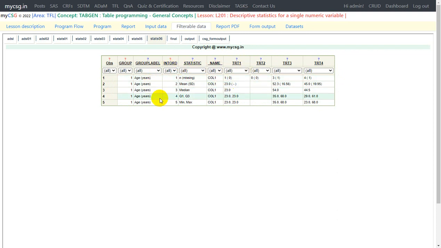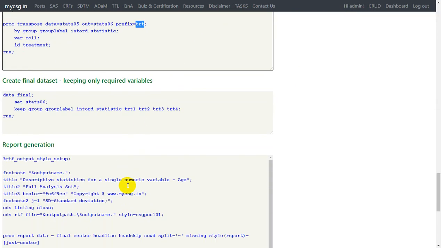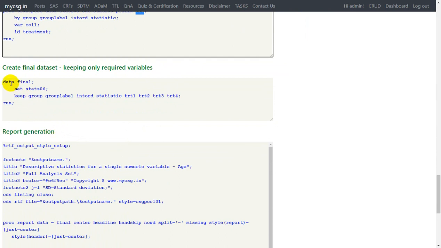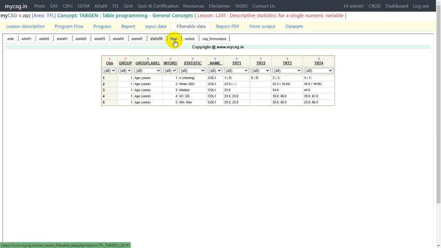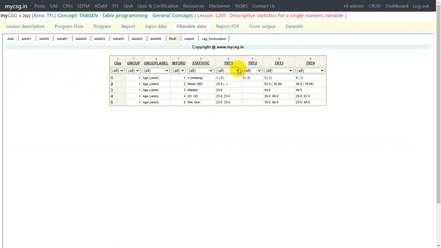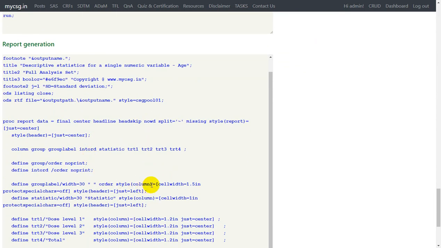So we use this dataset to create the report which we were supposed to create. Again I have created a temporary data set called final by keeping only the required variables. Let us also take a look at that final data set, which only has the variables required for reporting. Then we need to write proc report to create the report.